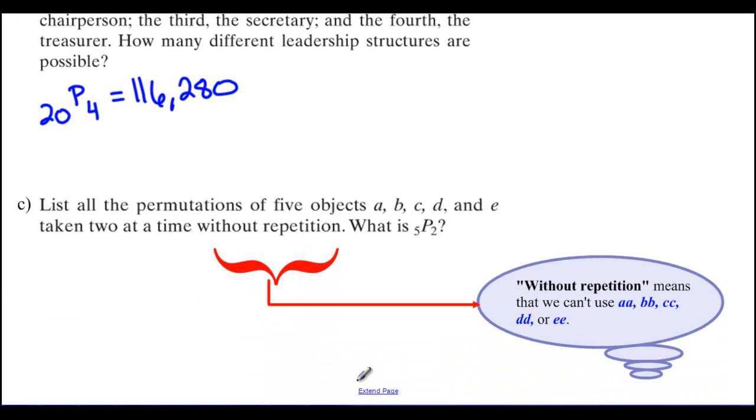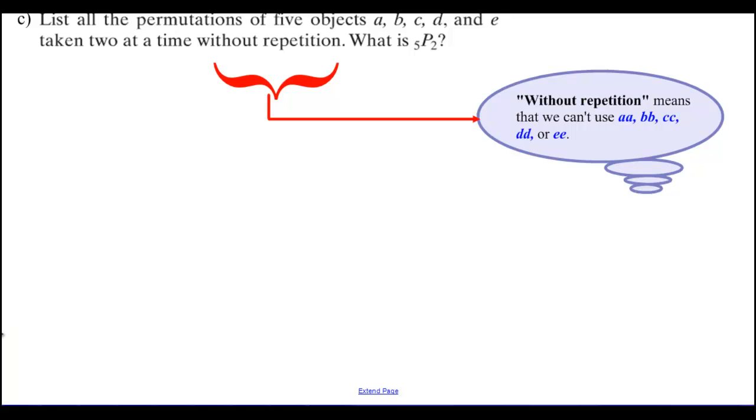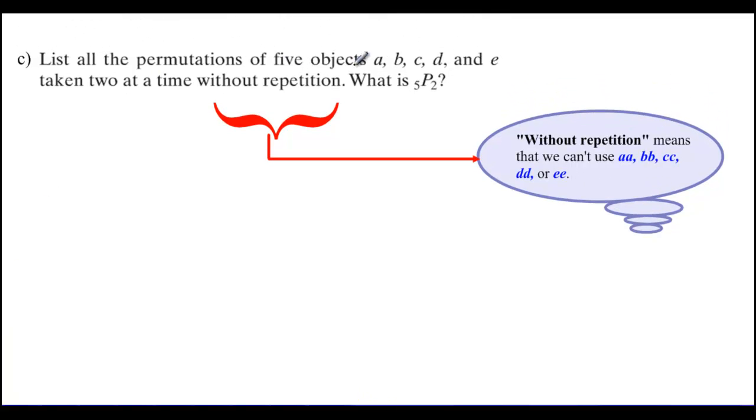All right, so for C, we're going to list all the permutations of 5 objects, A, B, C, D, and E, taken 2 at a time without repetition. So again, permutation means that the order matters. So AB is different than BA. So we'll go through and list all of those. We're going to have AB, AC, AD, AE, and then we need to pair B with everything.